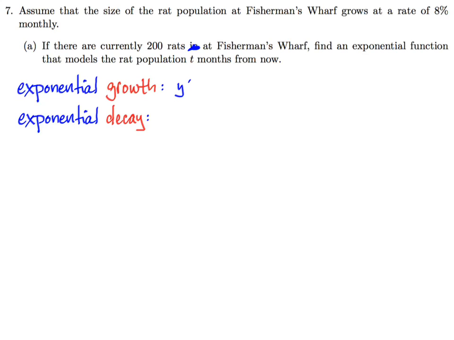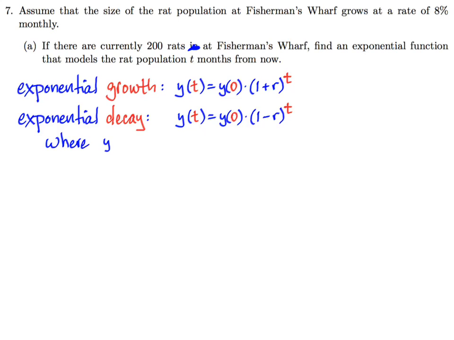So both of these are going to be y of t, an amount y of 0, which is called the initial amount, times 1 plus that percent of the growth rate, raised to the t. That's the exponential growth function. And an exponential decay function is similar. It's the initial amount times 1 minus the rate of decay, raised to the t.